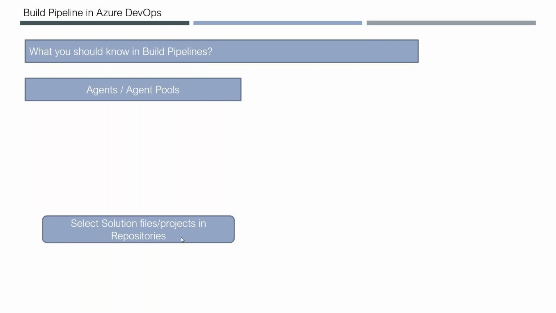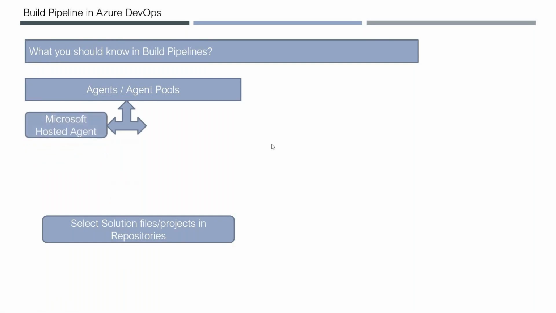For your .NET to be compiled, you need at minimum some operating system like Windows Server 2019, or Windows 10 or Windows 8, whatever you are using. And then you need to have Visual Studio installed, .NET installed, and all the analyzers installed. So obviously you need a machine, and that machine is called an agent. You need to configure or select an agent as part of your build pipeline. We'll talk about what that agent or agent pool is.